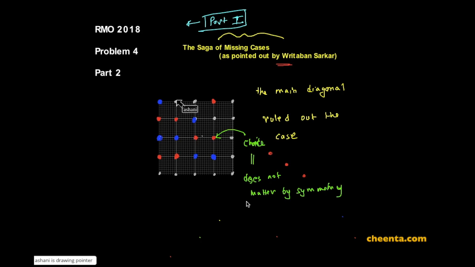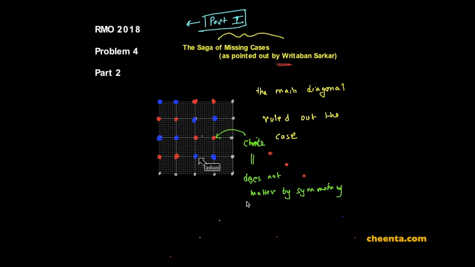Similarly, this one is blue, and this one is red, and this one is blue, and so on. So we actually have a very simple choice of points, and all the other points are fixed once we choose the color of these two.